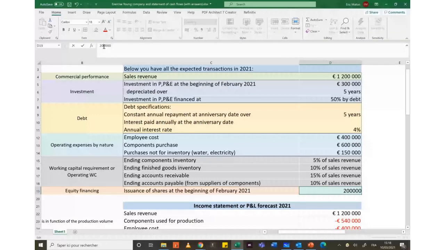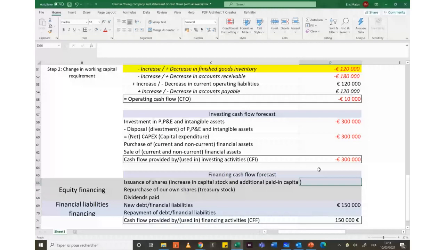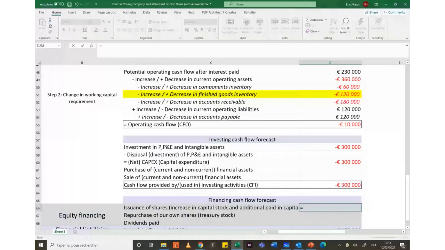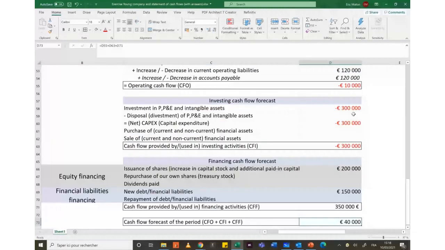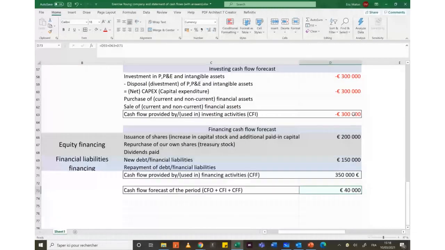I want it in the same color. Okay. So now I can add in the financing activity the issuance of shares, 100,000. So at the end of the period, I increase the cash flow by 40,000.